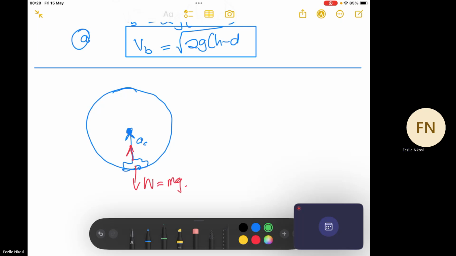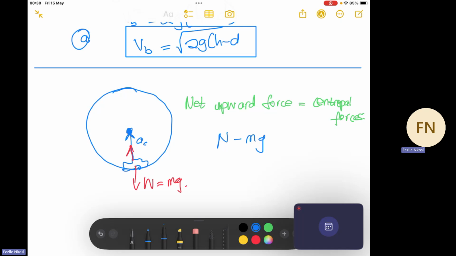Now, net upward force is going to be the centripetal force, right? Which is N minus mg, the normal force minus the weight.